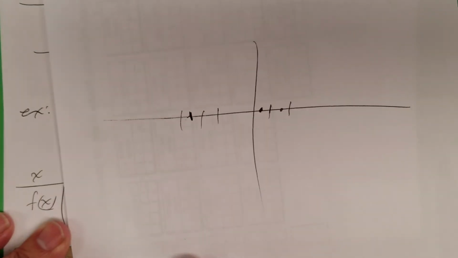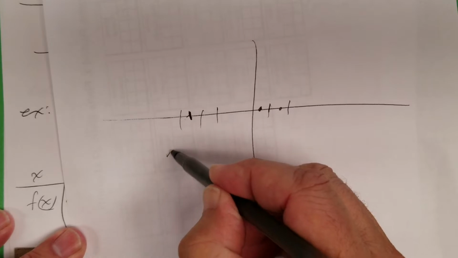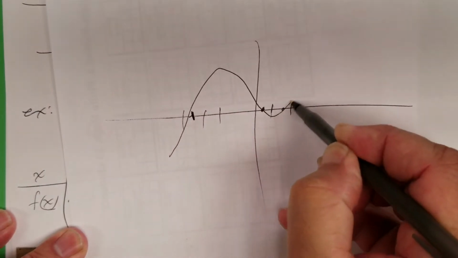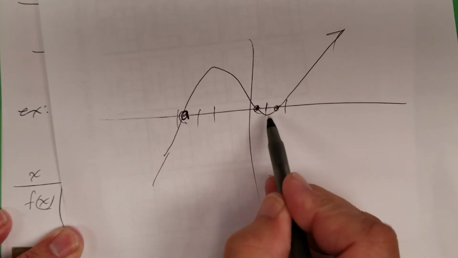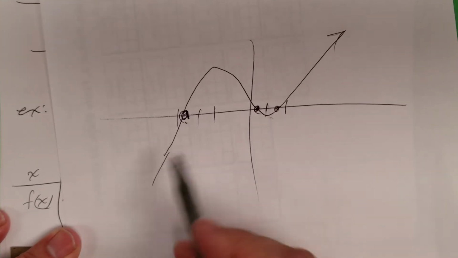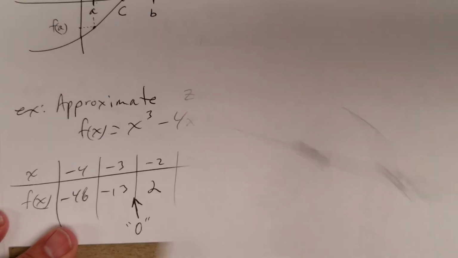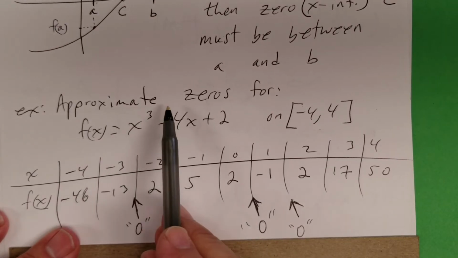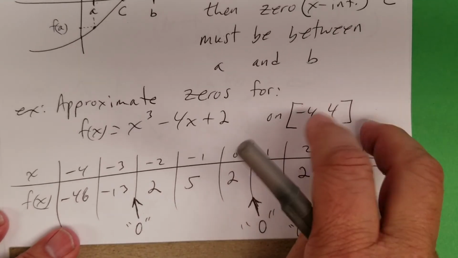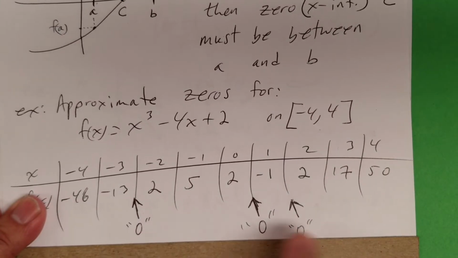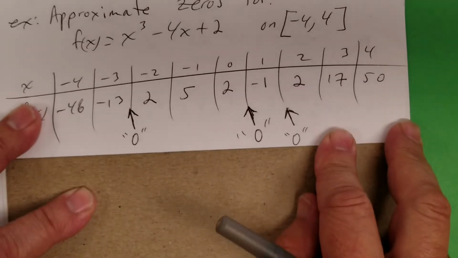So maybe I don't know what the graph looks like, but maybe it's something like this. Intercept, intercept, intercept. Well, what are those numbers? I don't know exactly, but I got an approximation. And that's what we're looking for. Approximation. I got a rough idea between -4 and 4. I got a rough idea that there are 3 intercepts and where they are. Okay.